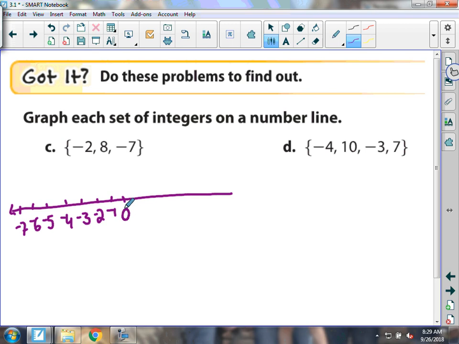So I'm going to number it from -7 up to 8. And now I'm going to put my dots. I need a dot at -2. Again, my dot's going to be large enough so I can tell it's a dot. A dot at +8, and a dot at -7. So there's that number line.